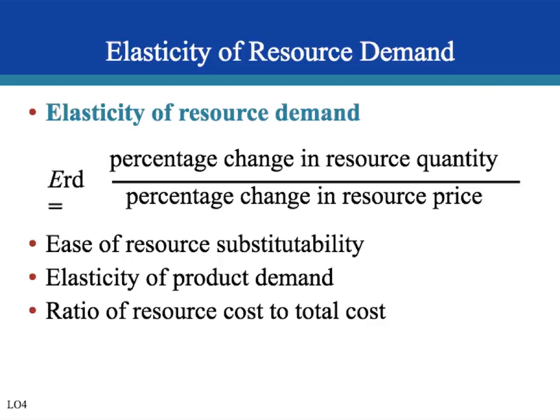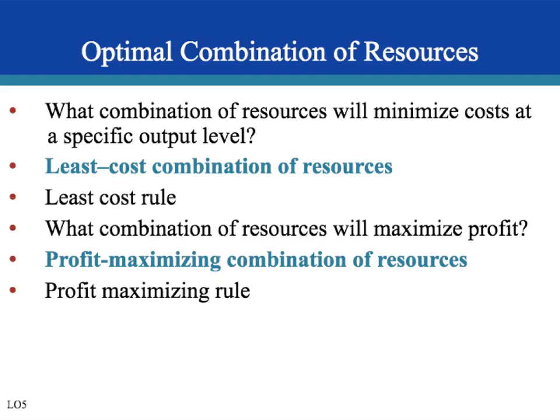However, if the cost of labor goes up, but labor cost is only, let's say, 15% of the total cost, then an increase in the cost of labor won't affect total cost greatly, and so the demand for labor would be more inelastic. Okay, and the formula for elasticity of resource demand is the percentage change in the resource quantity divided by the percentage change in resource price. So we're looking at how sensitive resource quantity is in response to a change in the resource price.